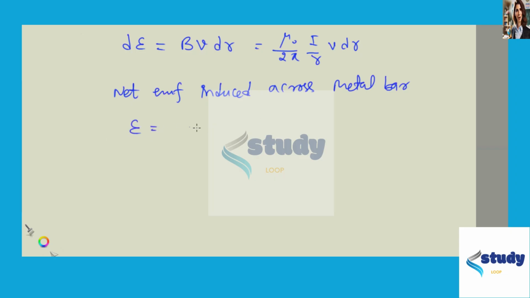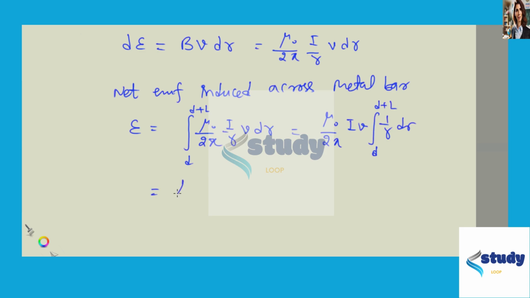So that net EMF induced will be given as integration of this mu naught by 2 pi I by r v dr, having the limits from d to d plus L, taking the constants out, which include mu naught by 2 pi into I into v, leaving behind the integration of 1 by r with respect to dr, having the limits from d to d plus L.